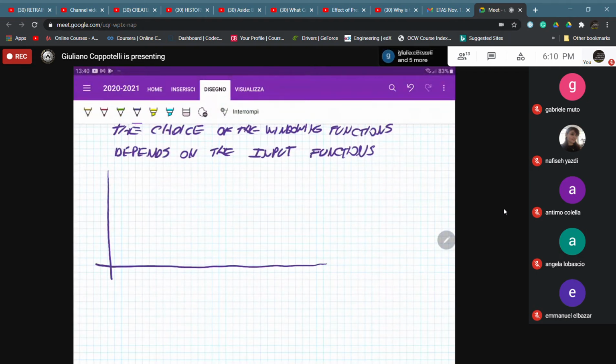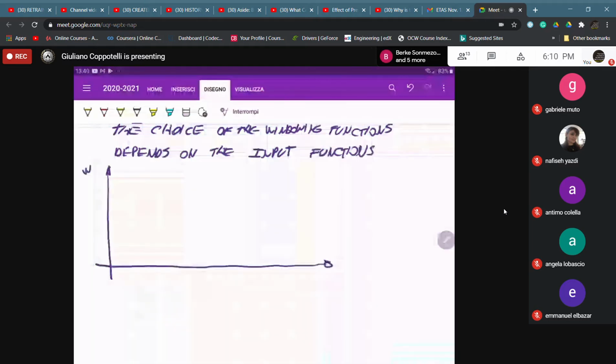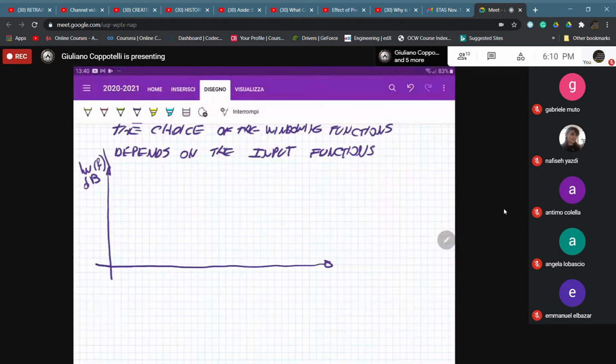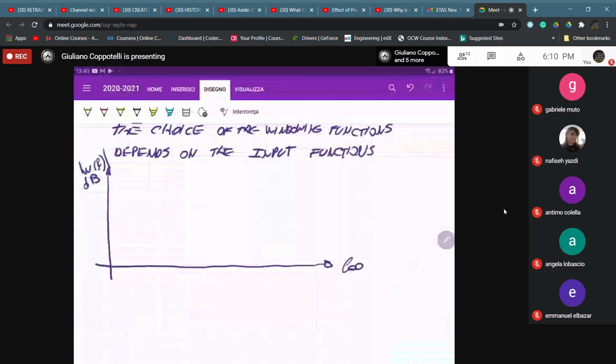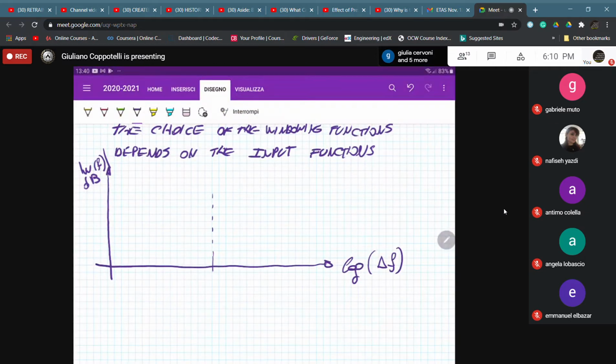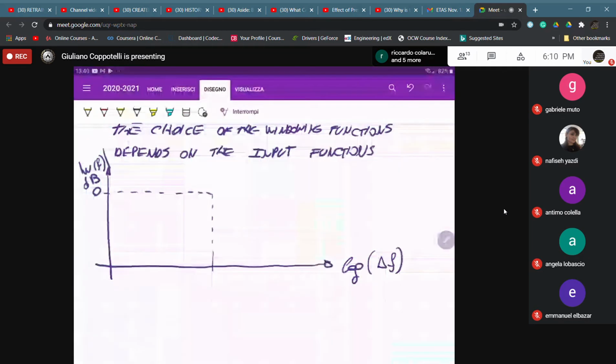So we have on the y-axis the amplitude of your windowing function in the frequency domain, the amplitude in dB, whereas on the x-axis I have a logarithmic plot of the change of the frequency with respect to the reference frequency. So we have a plot that is something like this. Now I'm plotting that, and then I'm going to discuss it a little bit.